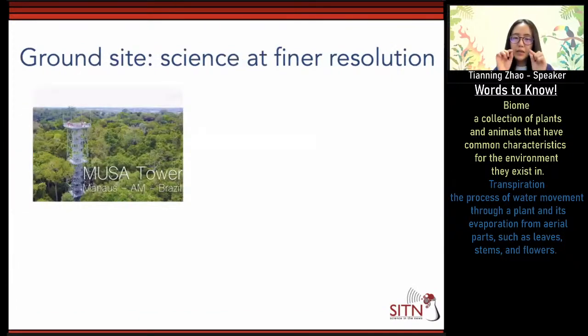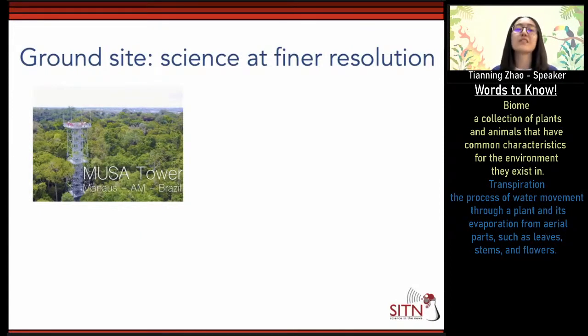And to zoom in even a little bit more to look at a single point is what I call science at a finer resolution. We do measurements at the ground site as well. Here what you see is the Musa Tower. It's located in Manaus. It's about 60 meters high. We have about hundreds of those towers in the Amazon region right now.